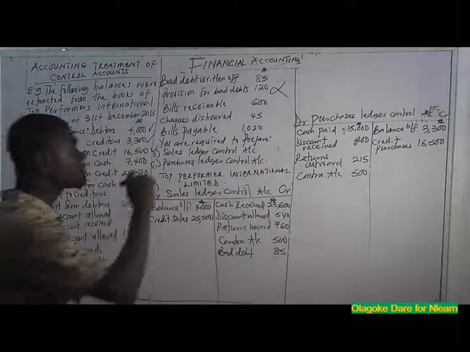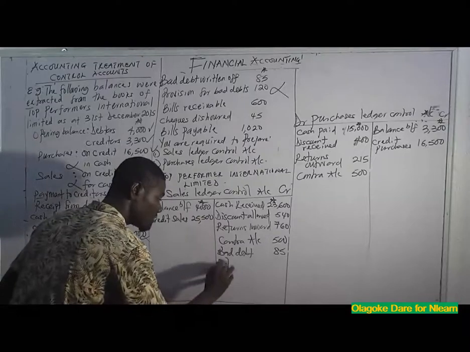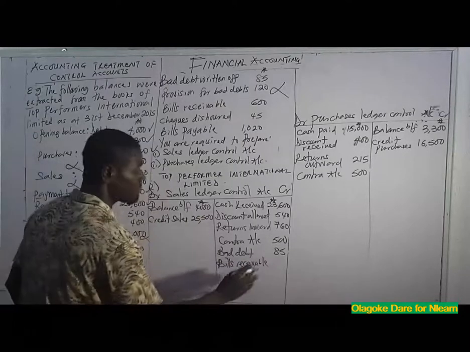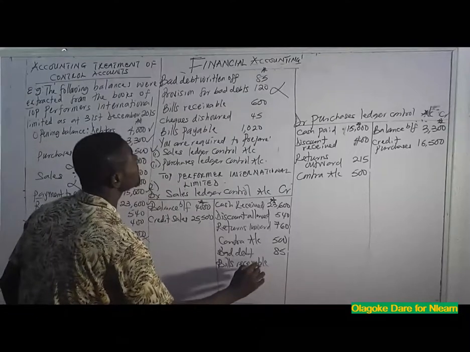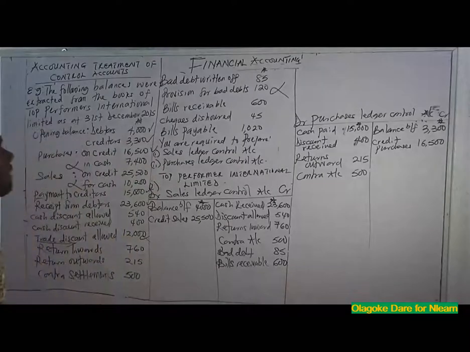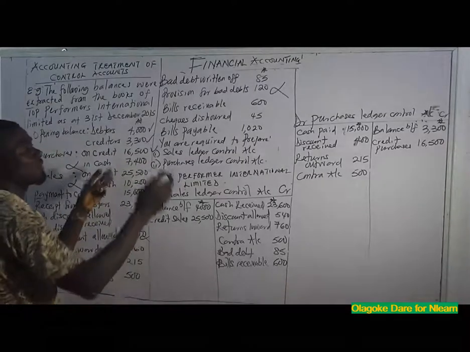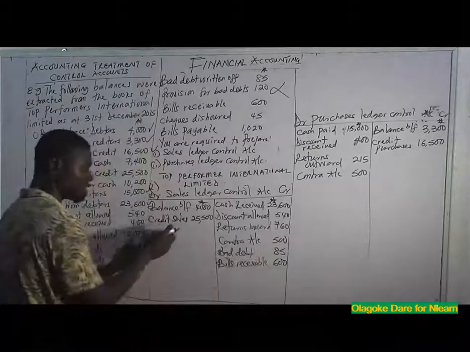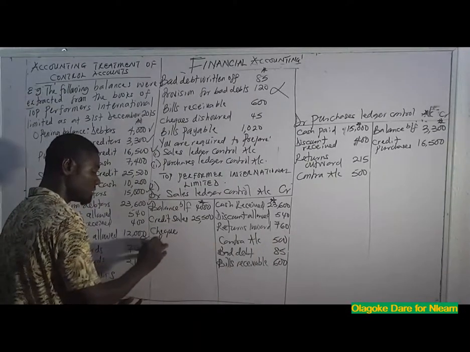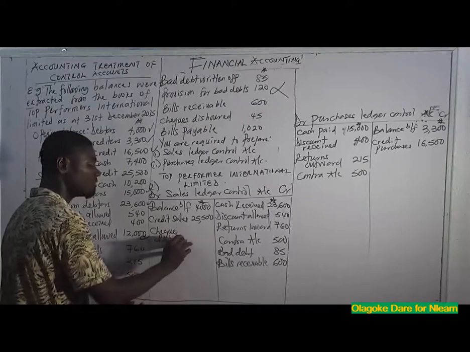Alright. Bills receivable. To reduce customers' bills receivable, it will reduce customers' debt, which is 600. Cheque dishonoured. It was not stated whether it's by customer or cheque. You assume it is by customer. So you have here cheque dishonoured.